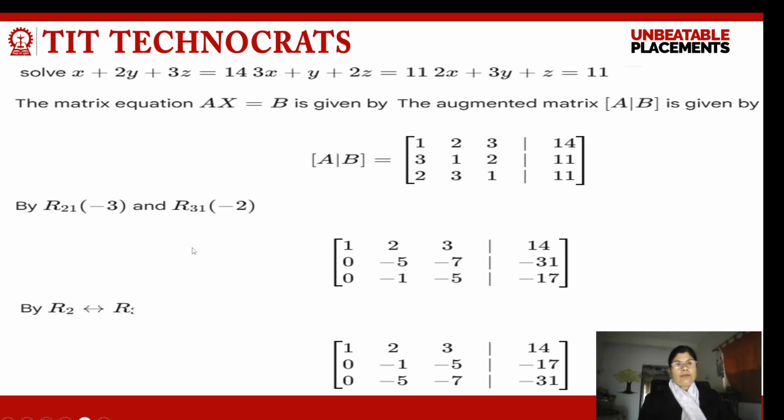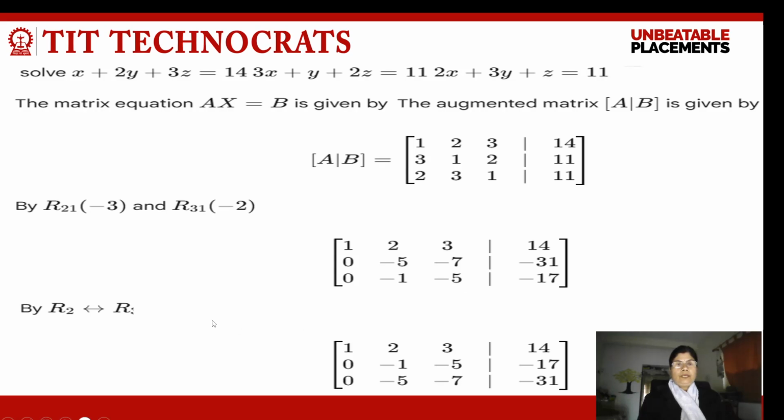The second operation is R3 minus 2 R1, so we multiply the first row by 2 and subtract from row 3, and we get 0 minus 1 minus 5 minus 17.